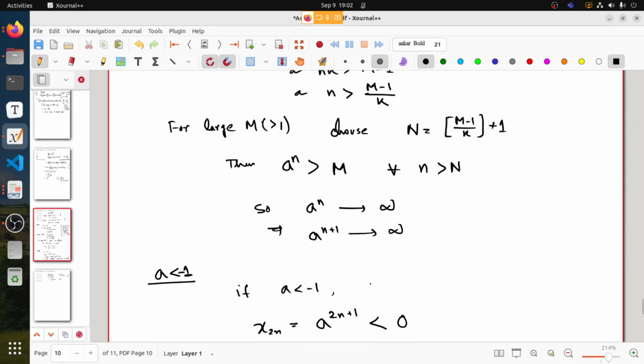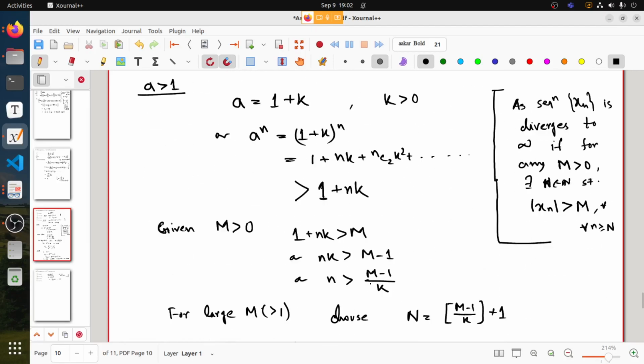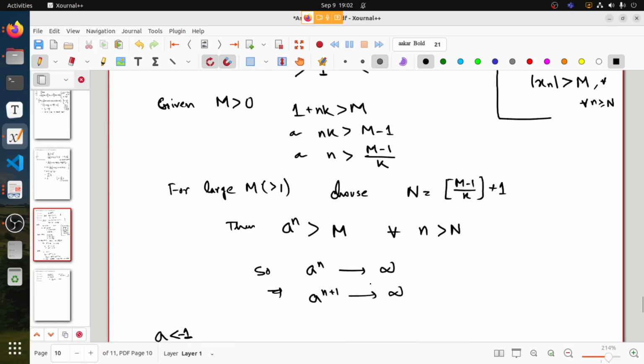Now for the a greater than 1 case, we saw that if a is greater than 1, then the sequence diverges.